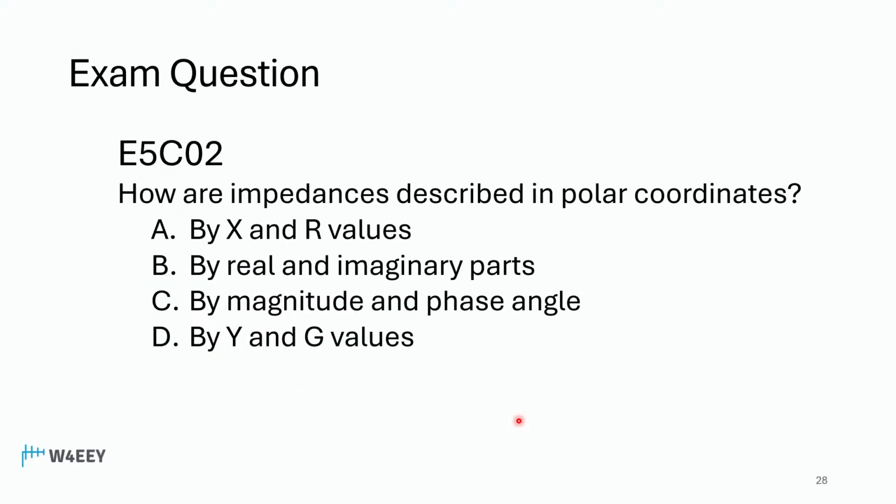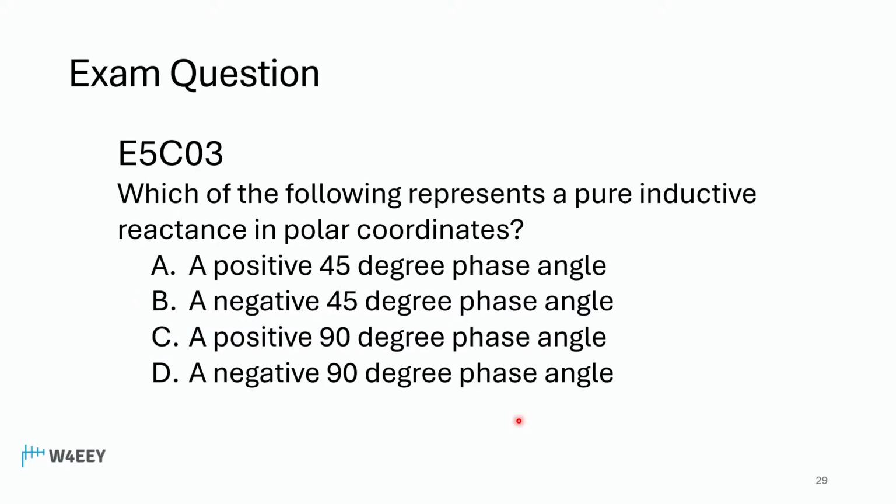How is impedance described in polar coordinates? Charlie. It is Charlie, by magnitude and phase angle, magnitude and direction. Which of the following represents a pure inductive reactance in polar coordinates?